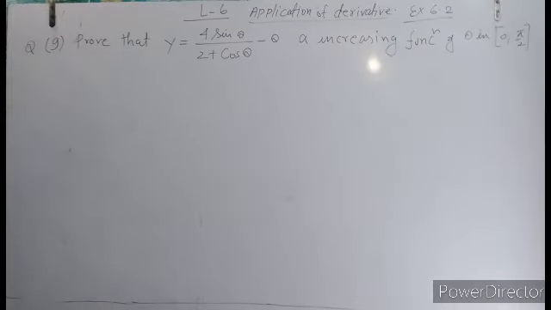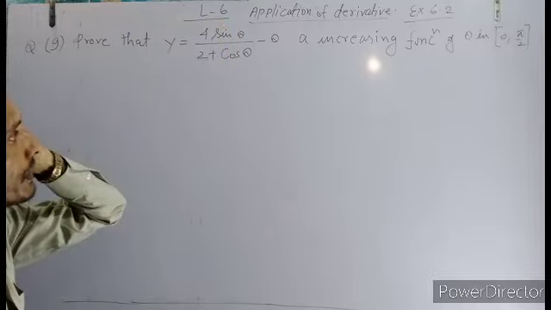So prove that this function is increasing for theta in 0 to pi by 2.